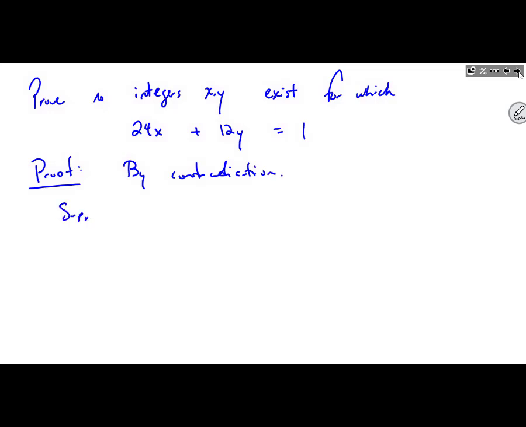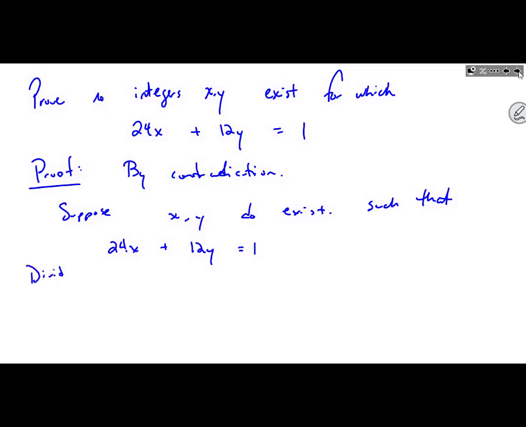So, let's suppose that x and y do exist, such that 24x plus 12y equals 1.